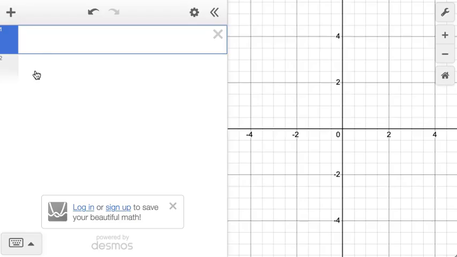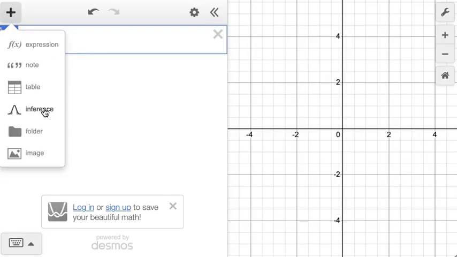We can use the Desmos.com graphing calculator to create a confidence interval for this situation. Once we've opened the graphing calculator, we hit the plus icon in the top left of the screen and choose Inference.